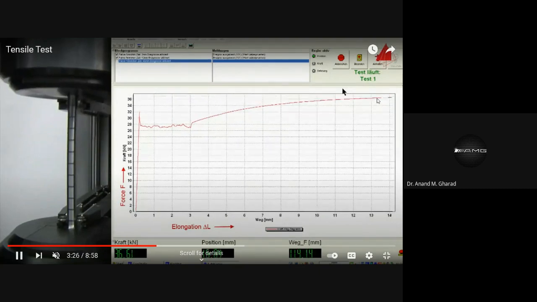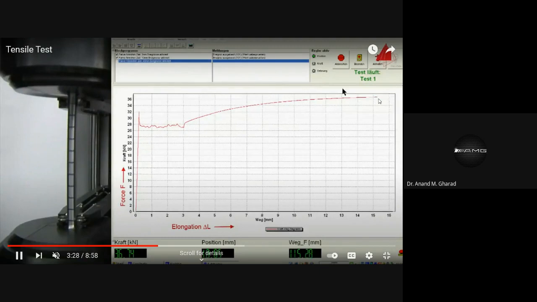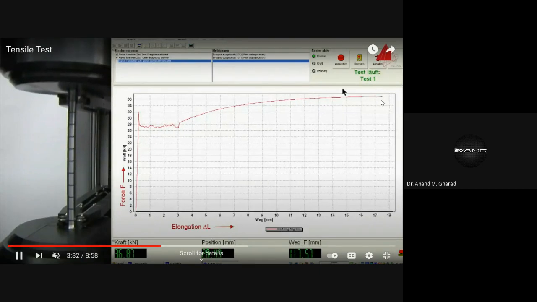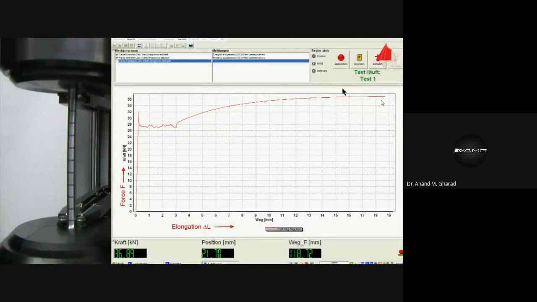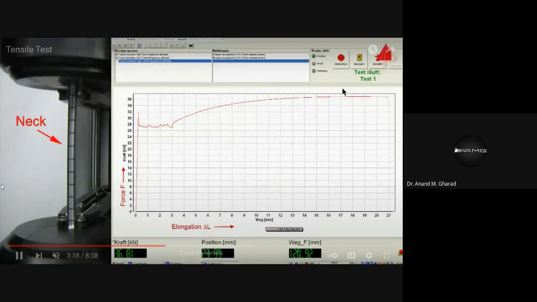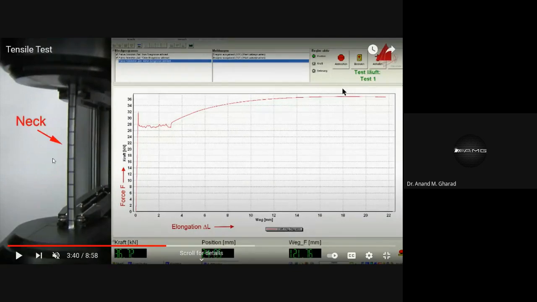Then further increment, what do we observe? Let us try to understand. It has increased, and you can see over here there is one arrow which represents the formation of necking, or it is also called a neck.